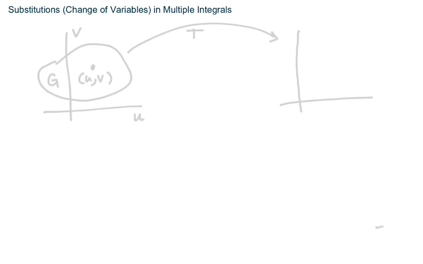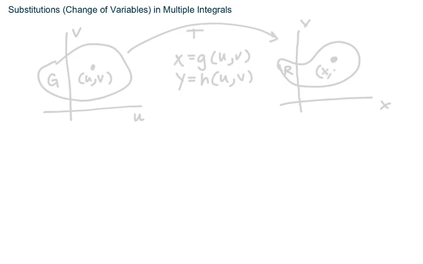We'll call that T. In that transformation, x might be some function g of (u, v), and y might be h of (u, v). That transforms it over to the XY plane, and we have a surface now, R. A point in there might be (x, y).